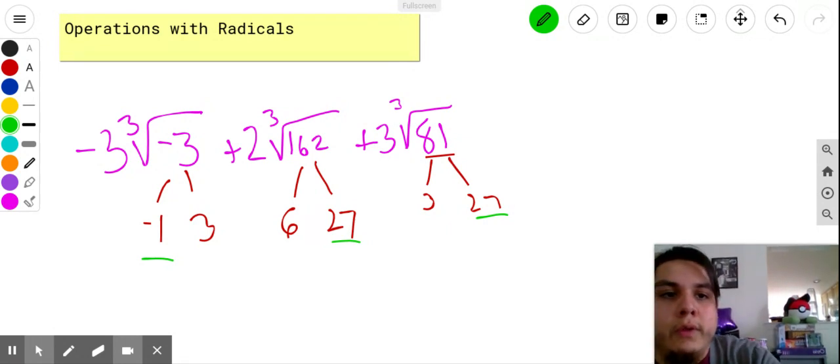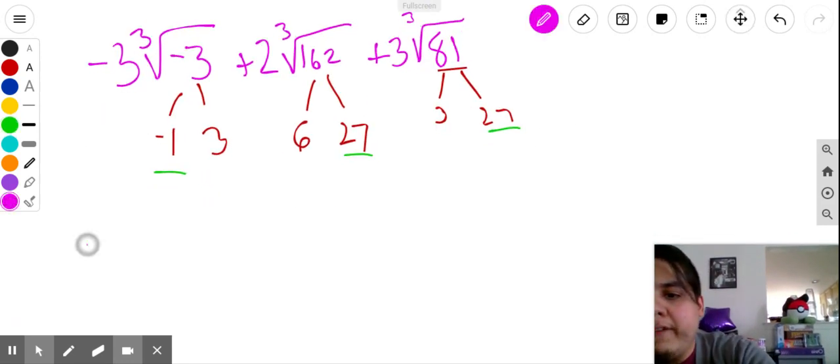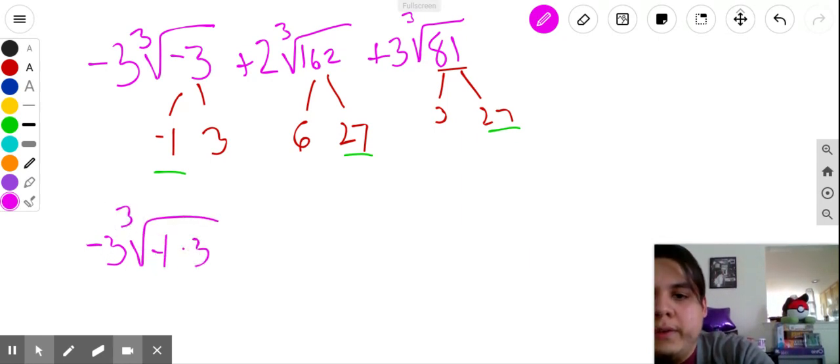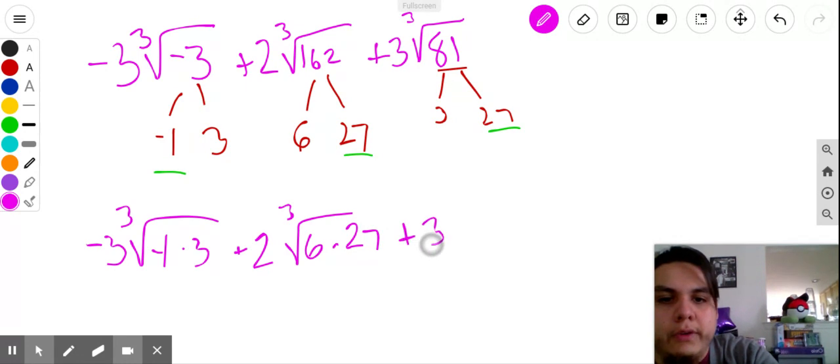So I really have negative 3 cube root of negative 1 times 3 plus 2 cube root of 6 times 27. Did I do that right? Yeah, I did. Plus 3 times the cube root of 3 times 27.